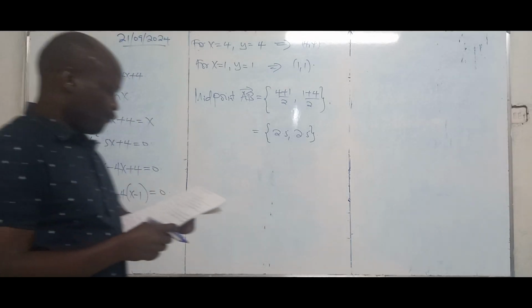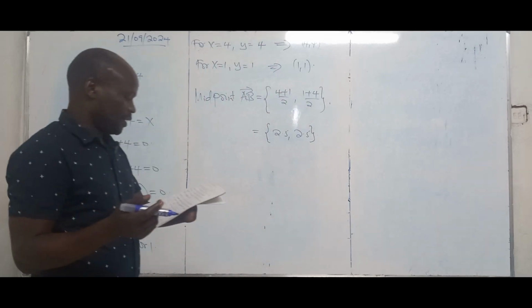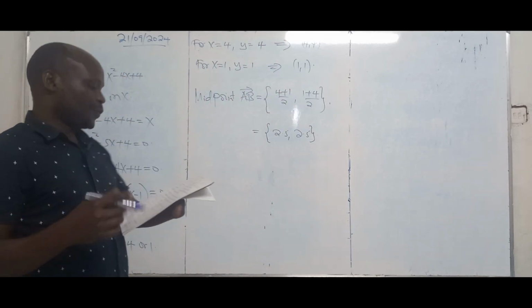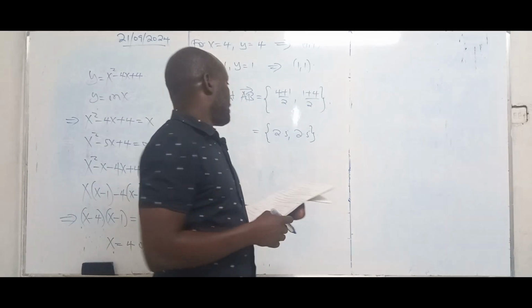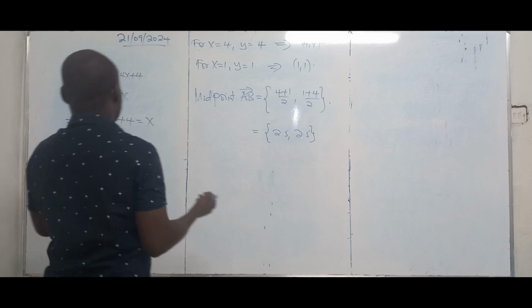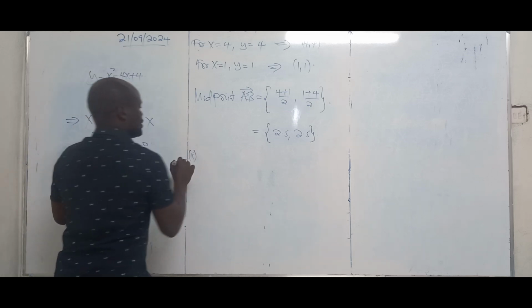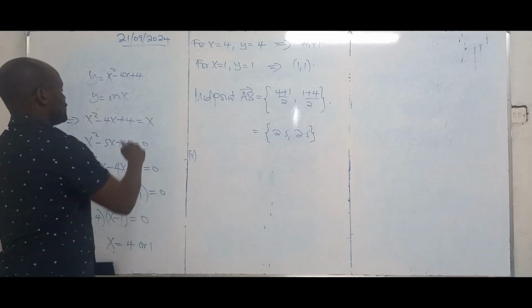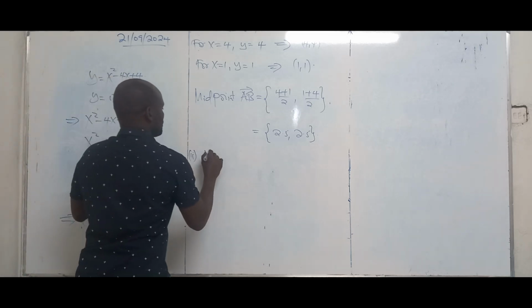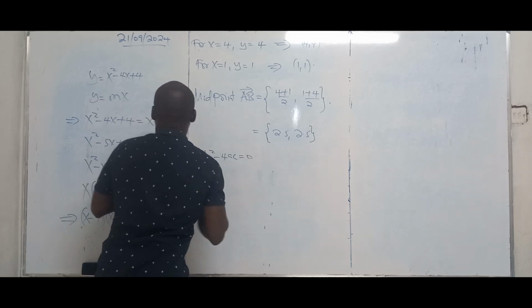Then the second question: find the non-zero value of m for which the line is a tangent to the curve, and find the coordinates of the point where the tangent touches the curve. In that case, the first thing we should remember is that for us to have a tangent, the condition b squared minus 4ac should be equal to 0.